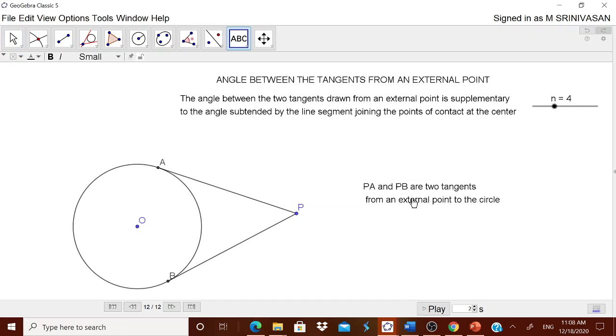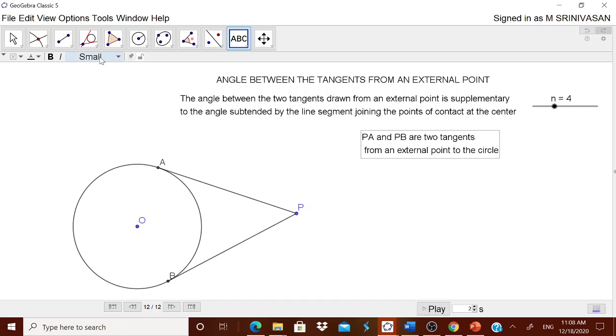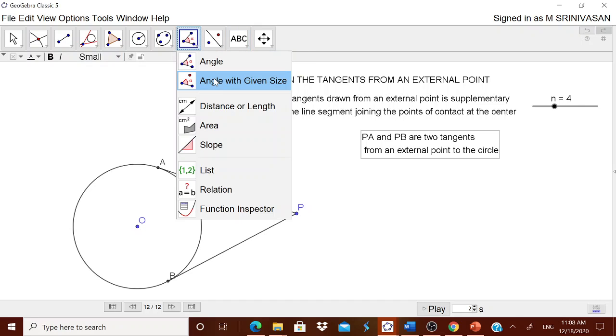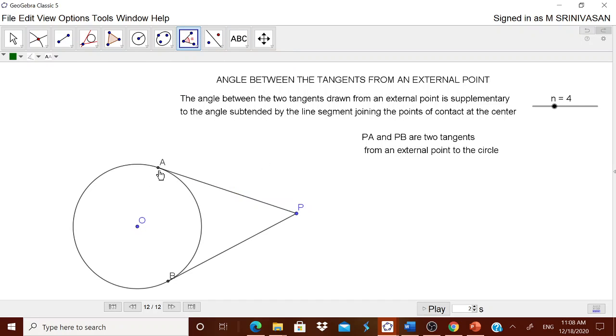Good. Now the angle between the two tangents, therefore we have to make the angle now. Go in clockwise direction, touch A, touch P and touch B. Okay, you got the angle now. Good. It can be brought outside. Alpha can be brought inside.